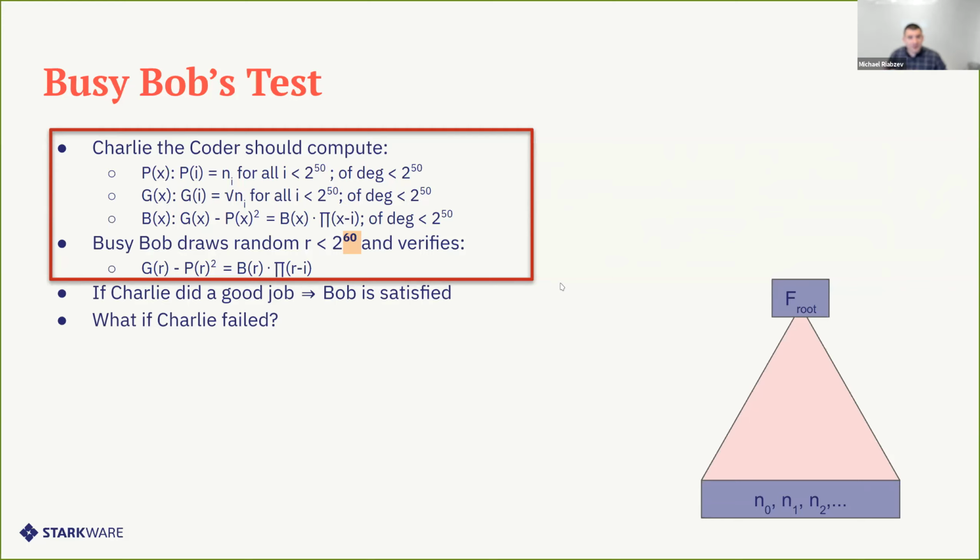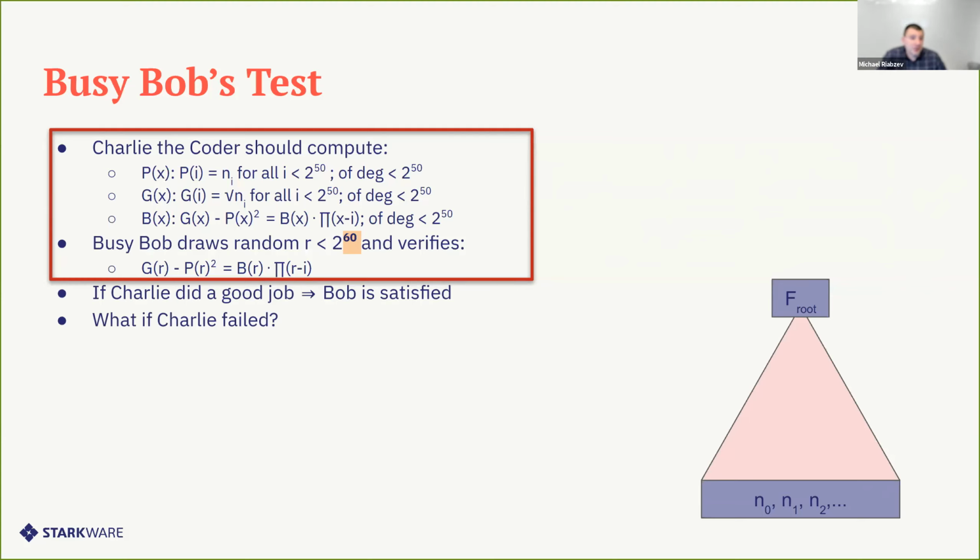Let's see, first of all, notice that this test is very efficient. Before, the options of Bob would have been to compute by himself, which is very expensive, or to verify Charlie's result explicitly by going over 2 to the 50 numbers and squaring them.